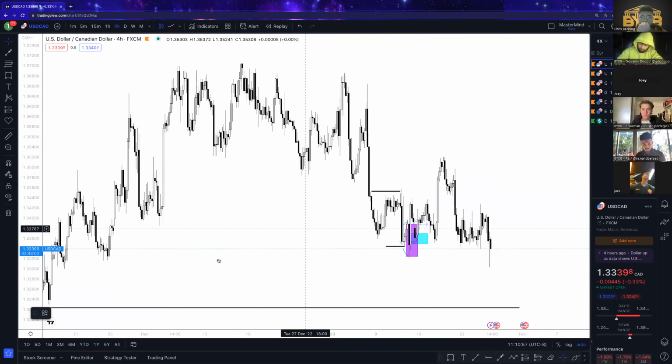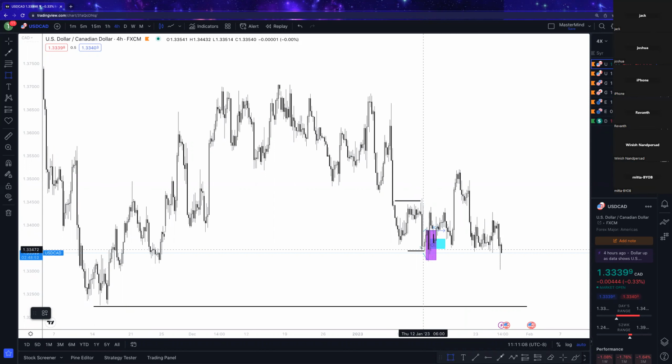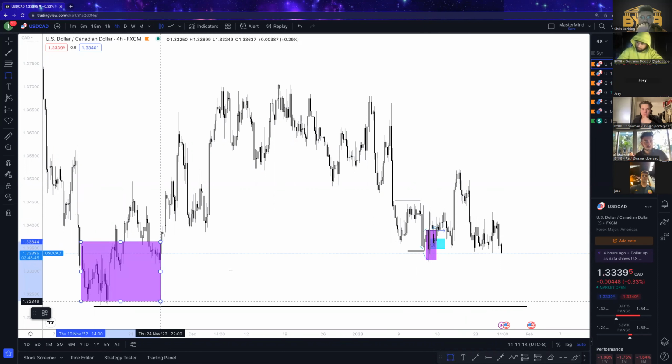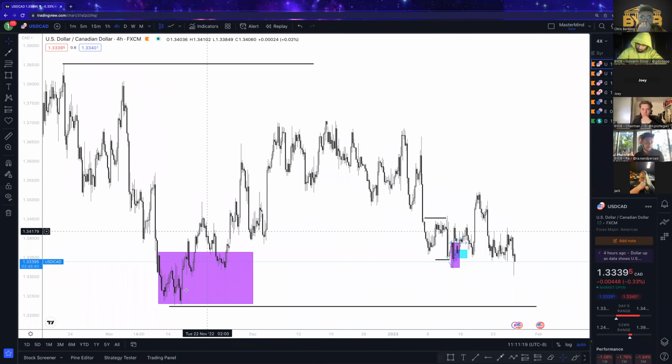Sometimes we look for that break of structure or that sweep at all-time lows or all-time highs, but sometimes we get that reaccumulation within a previous area of accumulation. Following structure, this is our previous area of accumulation that has swept liquidity over here.